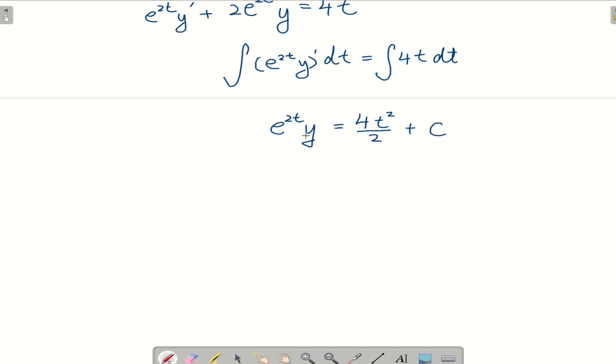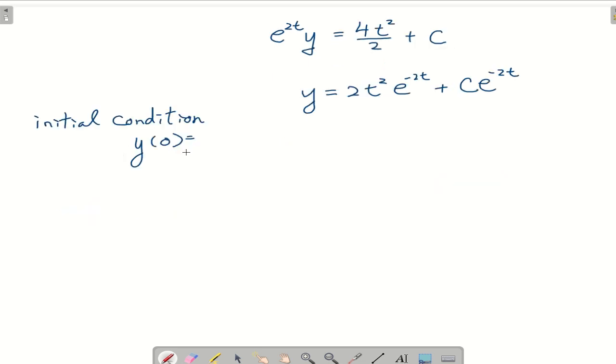C is a constant. After we get this, we divide both sides by e to the 2t. We have y equal to 2t squared e to the minus 2t plus c e to the minus 2t. And then we substitute the initial condition into the above equation. We have y(0) equal to 3. So when y is equal to 3, t is equal to 0.